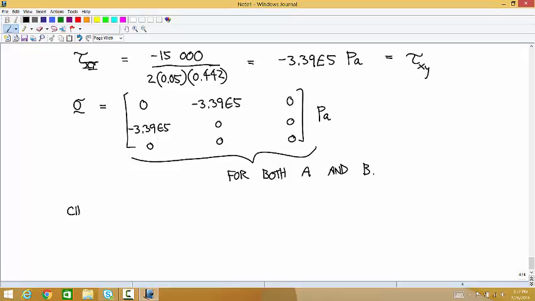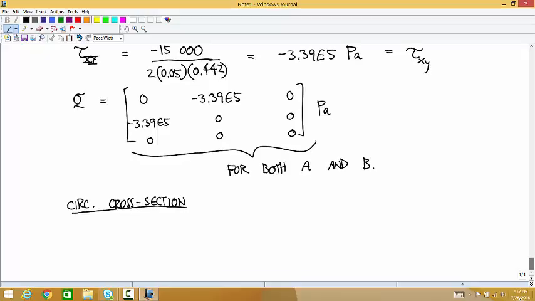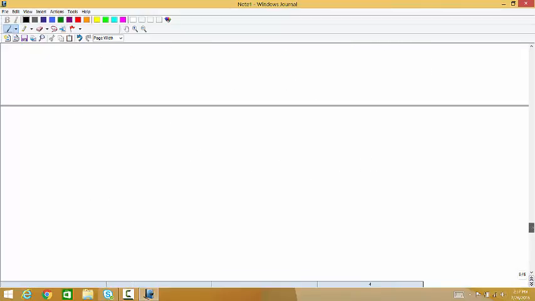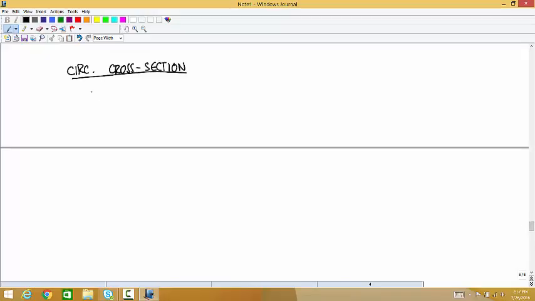So now the circular cross-section approach. Our capital X, capital Y stress is equal to negative fancy T times rho over I sub P. And again, our capital coordinate system is in the same orientation as our real coordinate system, so we won't have to use the rotation matrices.